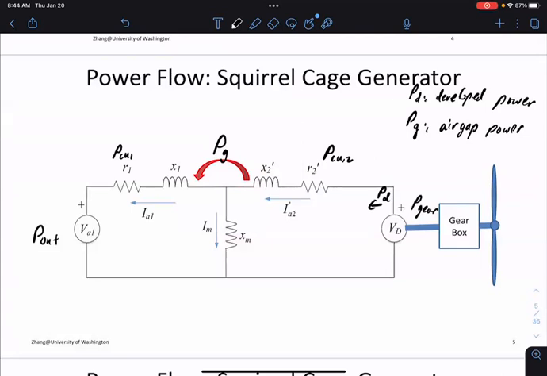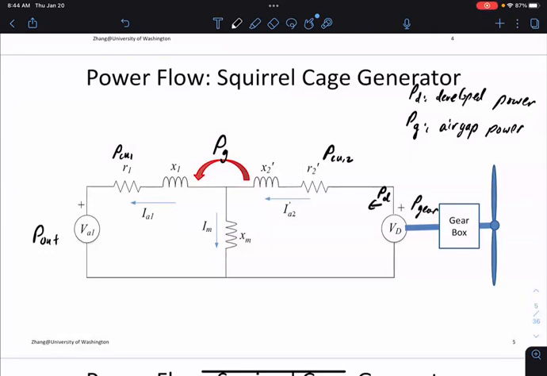Let's be clear: if you make R2 prime 0, you generate no power. It's important to have some resistance on the right-hand side. So PCU2 is generally larger, and it's not something you can get rid of, because to generate power you need R2 prime to be not 0. Otherwise, you have nothing on the right-hand side.